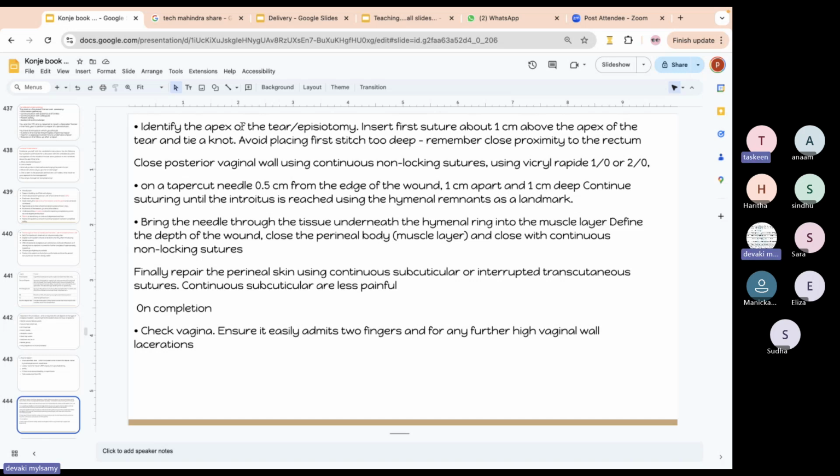Just check it. So 1-0 or 2-0, whatever the unit is using. Some might be using 1-0, some might be using 2-0, so I had mentioned both here.